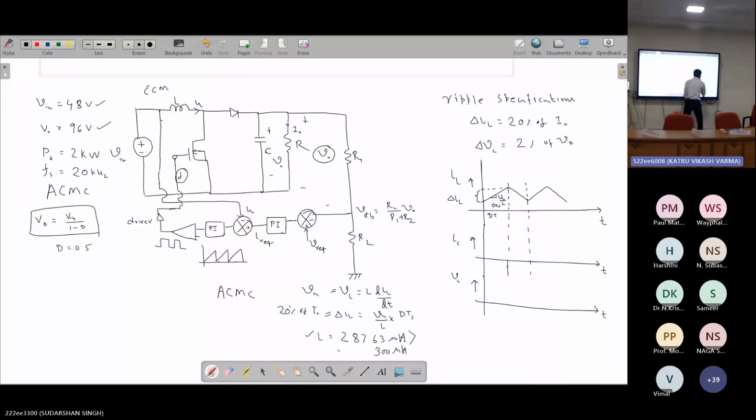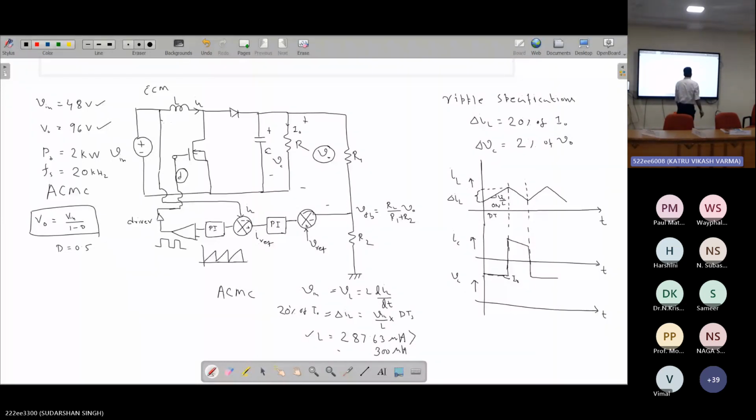So during on time, this current is minus I0. And during off time, the capacitor current obviously will follow the inductor current. So this will be your capacitor current.